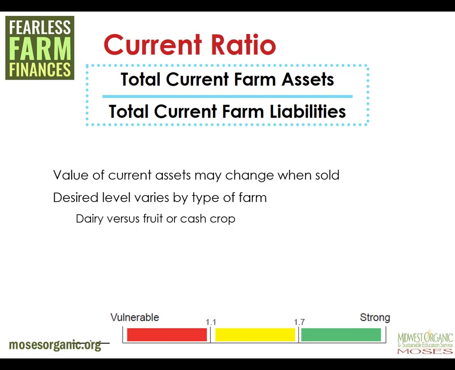So the desired level of these can vary by type of farm. A dairy farm versus a cash crop farm, we just have different cycles of production. Our current asset, for example, would be our feed inventory on a dairy farm. Well, come spring, our feed inventories are starting to run low.